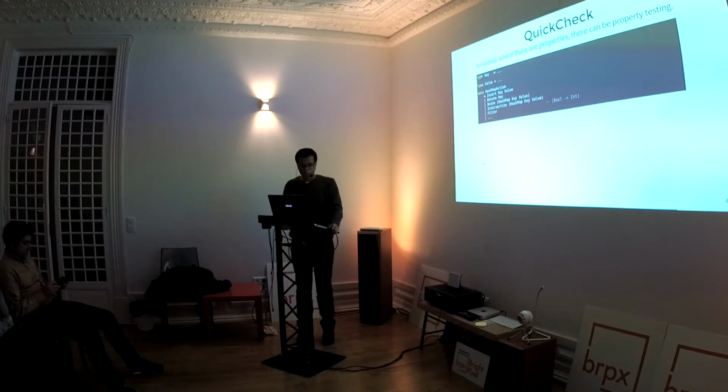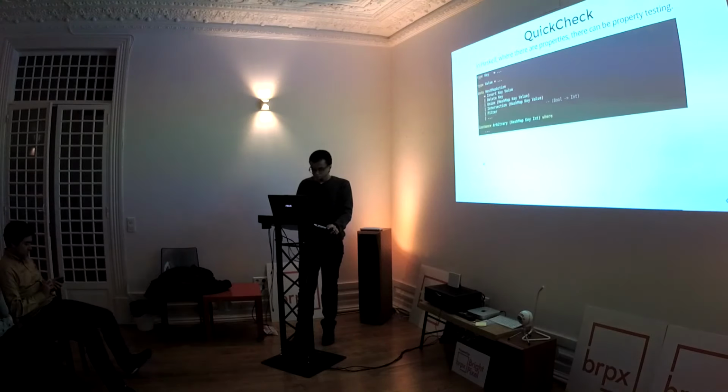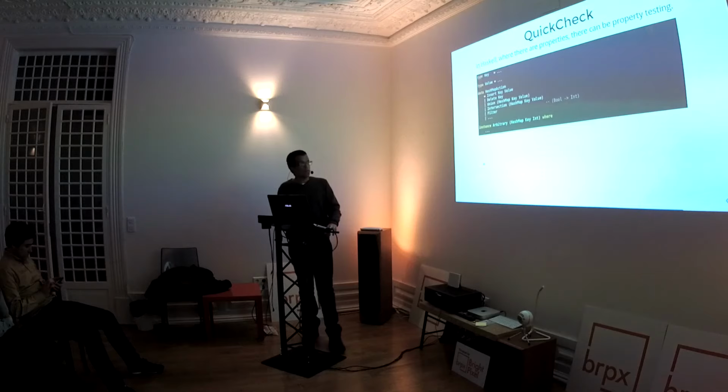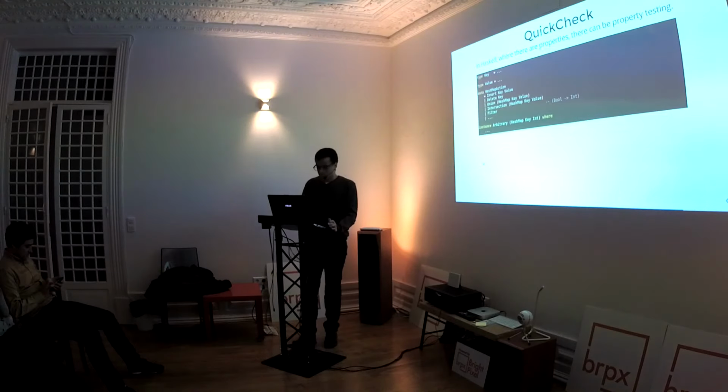But that won't work very well, because in Haskell, you have to have arbitrary instances for the things you want to generate with QuickCheck, and we don't have a way of showing the instances of functions that we generate. So in this case, we just pick something that works. For example, the function even from bool to int, which checks if a certain integer is even.